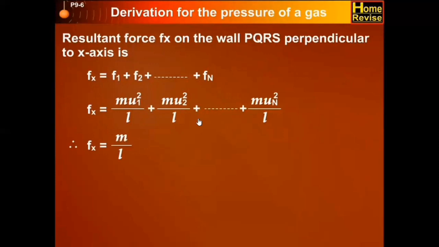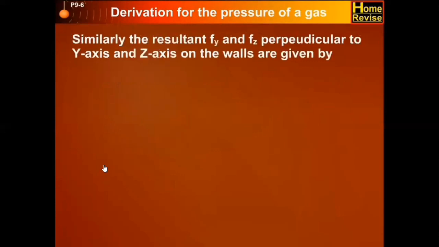So this is how to find the force in the x direction for all of the particles. In the same way, repeating these equations for the y-axis and z-axis, we can find the force, because force is very much needed for calculating the pressure.